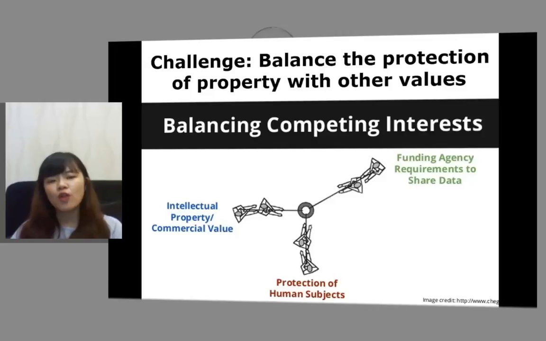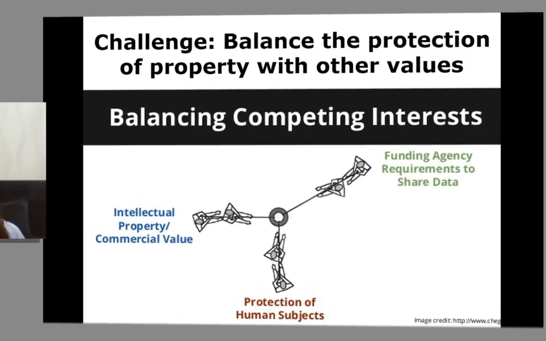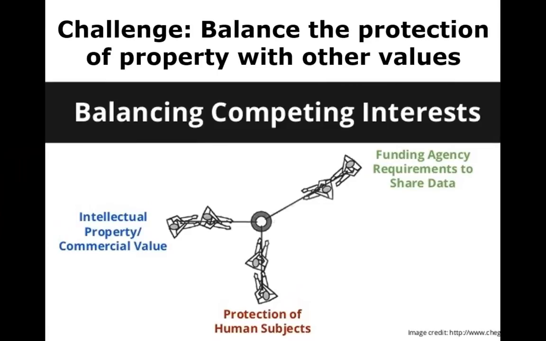From these three types of intellectual rights, they set a challenge for any organization or individual. That is balancing the protection of property with other values. As you can see, there are three main competing interests. First, intellectual property or commercial value. The second is protection of human subjects.